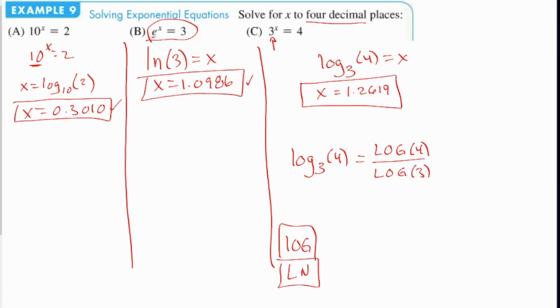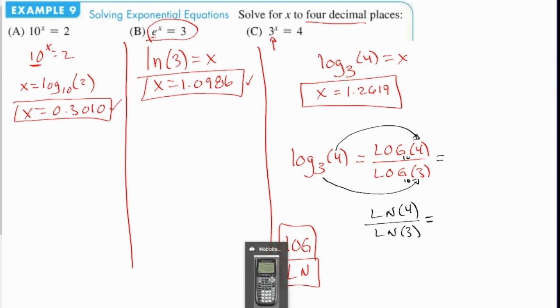Notice that we took the argument and put it in the numerator log, and we took the base and we put it in the denominator log. This is called change of base because we're changing from base 3 to base 10. And whatever the answer is you get here, it would be the same answer if you used the natural log of 4 divided by the natural log of 3. Change of base says you can change it to any base and get the right answer.